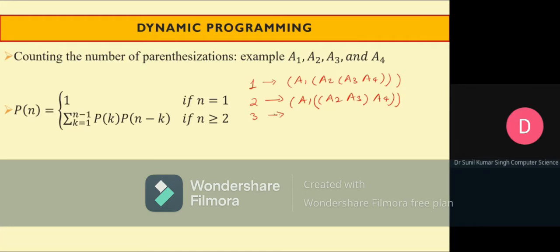Maybe we can try some other also. So let's say here we are going to multiply A1, A2 and then A3, A4, and then the resultants of A1, A2 and A3, A4 will be multiplied with each other.